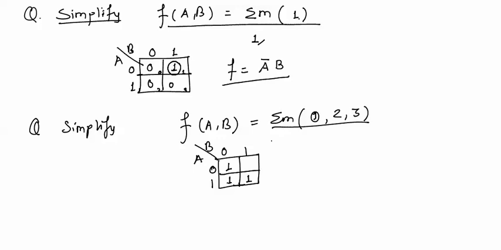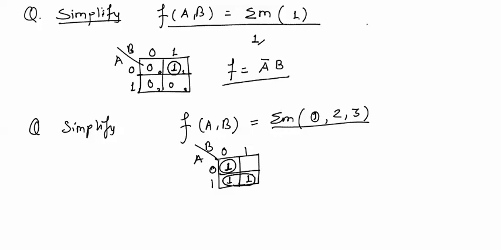Now we will start pairing. We can make a pair of this, and now 1 is remained single. Now this one can be covered as a single also, but when we cover it as a single, the expression we obtain from the K map will again be simplified using Boolean theorems.